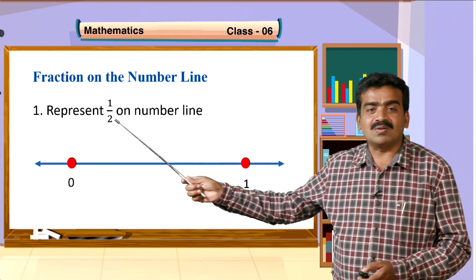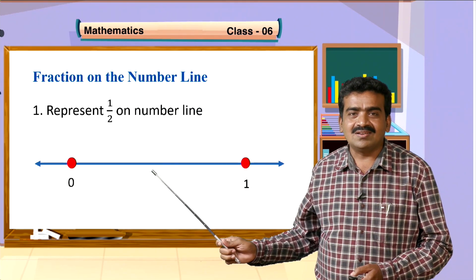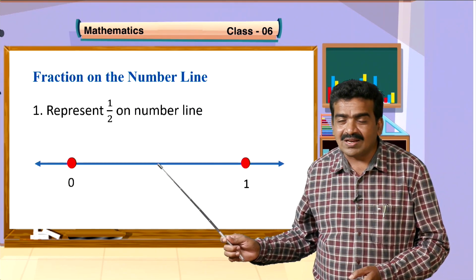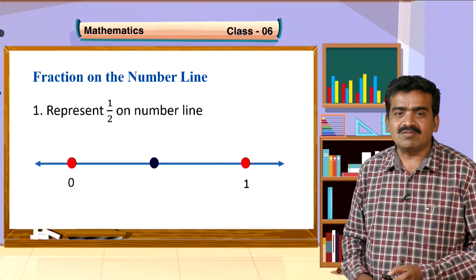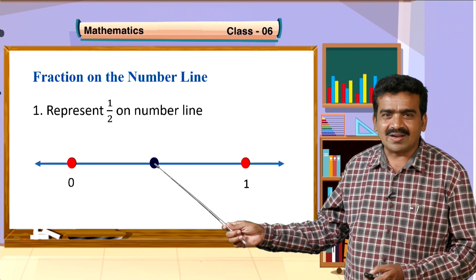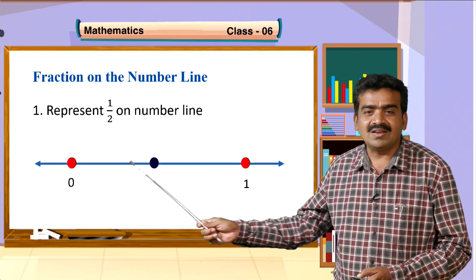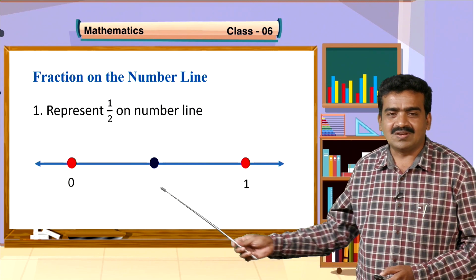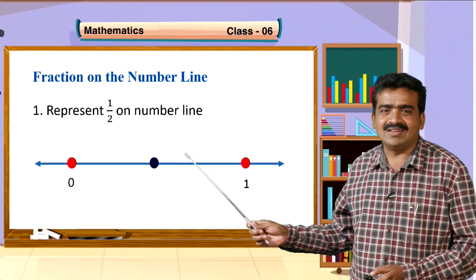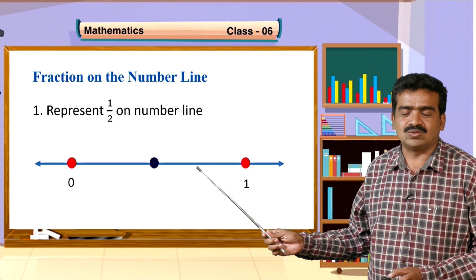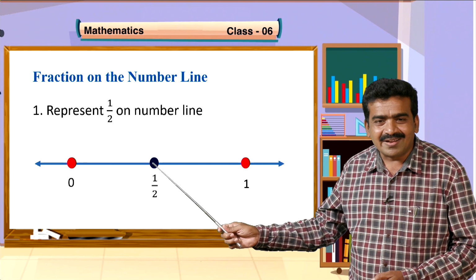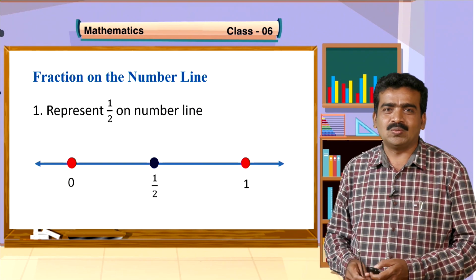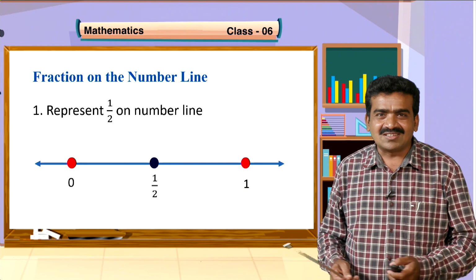To represent half on the number line, you have to divide the given line into 2 equal parts. How to divide the given line into 2 equal parts? Just by marking the center point between 0 and 1. Now, you are seeing here the whole line is divided into 2 equal parts. Therefore, this particular point represents 1 by 2. Is it understood to you?